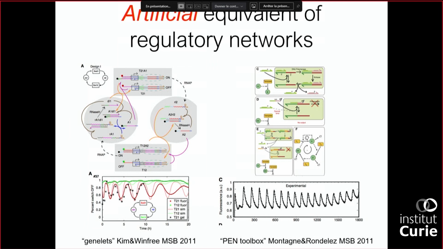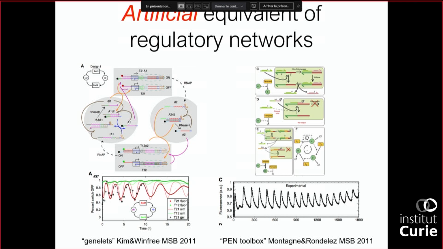So these are two examples of toolboxes that have been proposed for these particular purposes, and in these two cases, the networks that were built are chemical oscillators again. So this is the genelet system described by Kim and Winfree. It simplified the system by getting rid of any proteins. So it's just DNA and RNA. And regulation is directly performed by RNA elements, right?